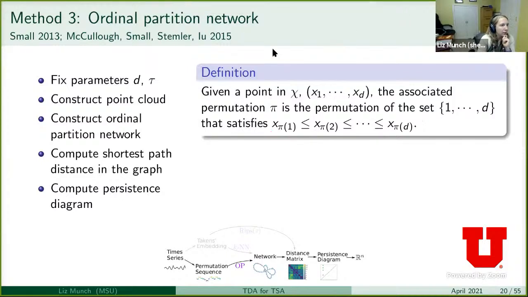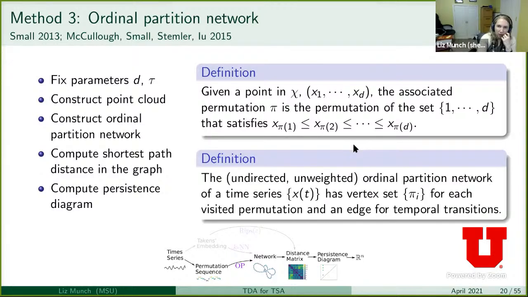Once I do that, I can take every point in my point cloud representation and associate it to a vertex, which has to do with its permutation. And then I can add an edge between two of these permutation vertices anytime I pass from one of those representations to the other, right? Okay, so let's take a look at that, because I don't think this is helpful on its own. I think I need examples.